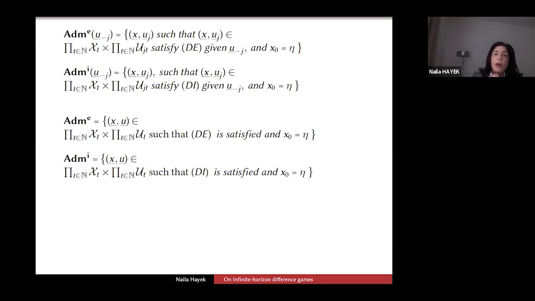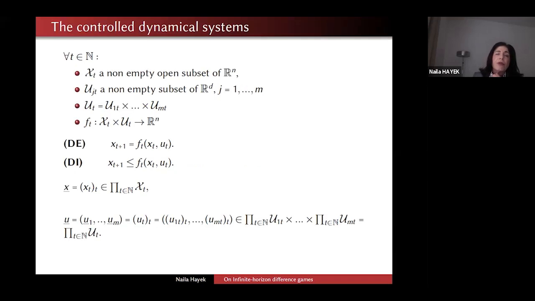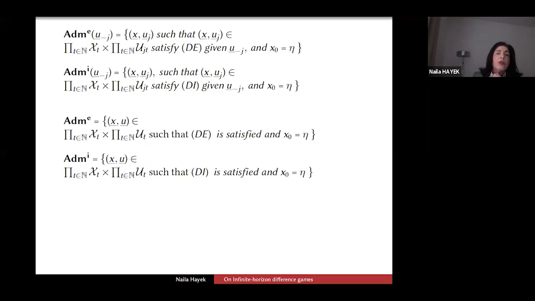Now, I want to talk about admissibility or feasibility. When do we say that a process x, u_j, a process formed of state and strategy of u_j, will be feasible or admissible with respect to given strategies of the other players?